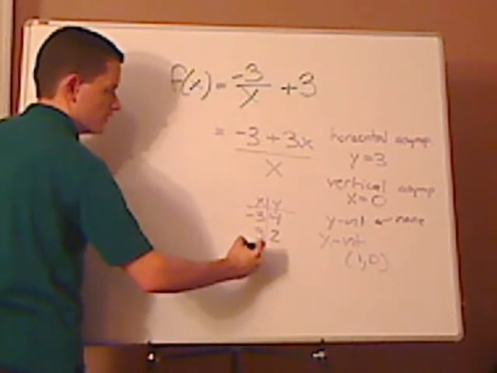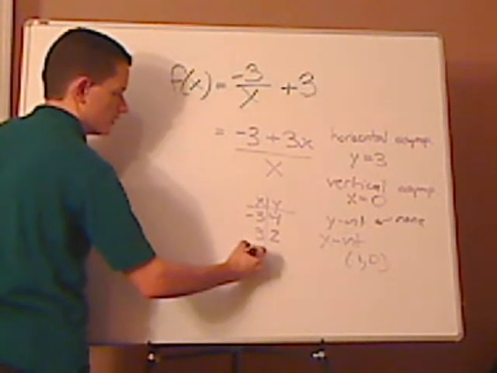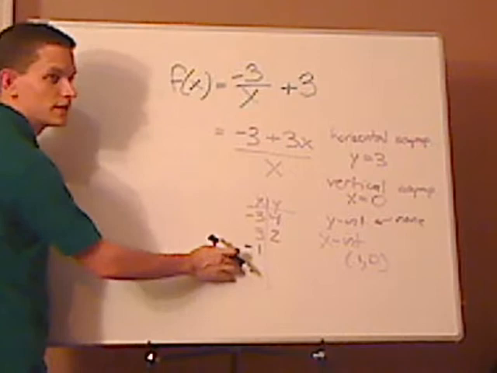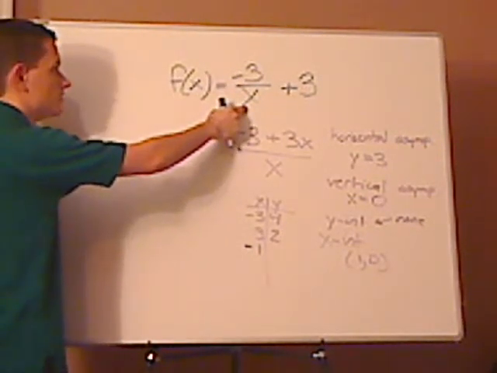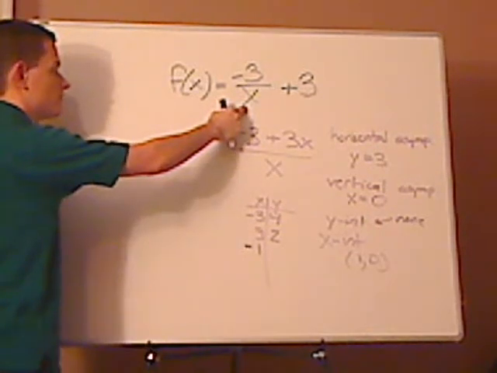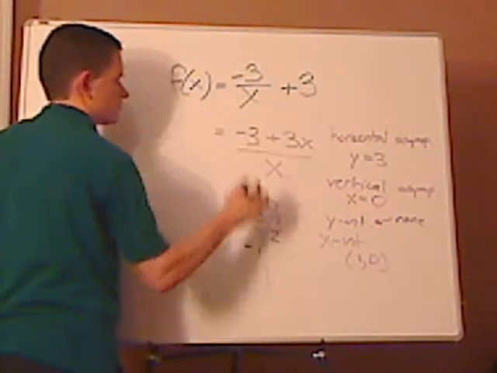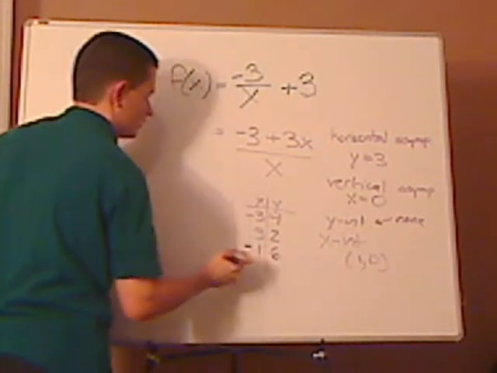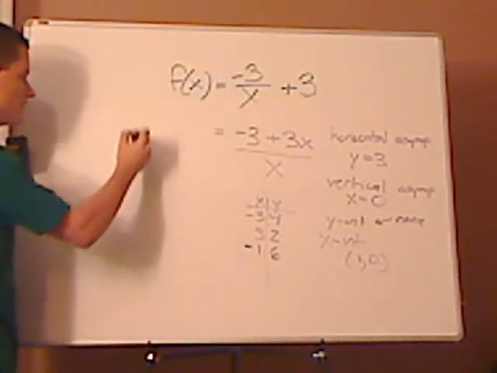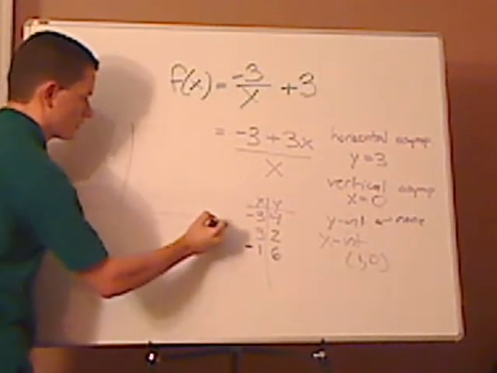Now let's plug in a -1. If I plug in a -1, that's -3 over -1, which is a +3. So 3 plus 3 is 6. So that gives me a good idea on how the graph is going to look like.